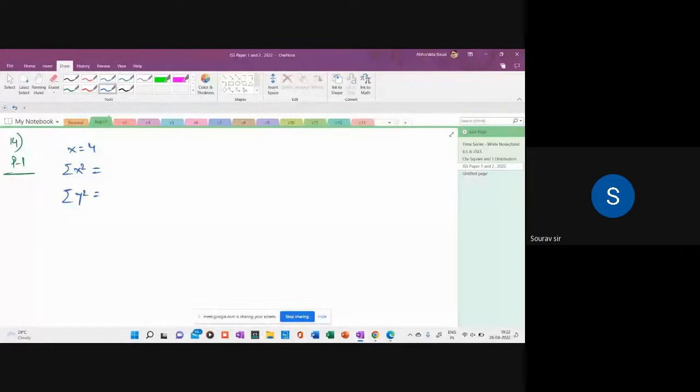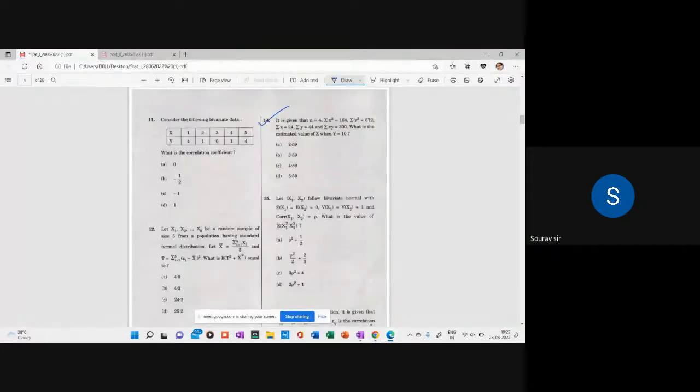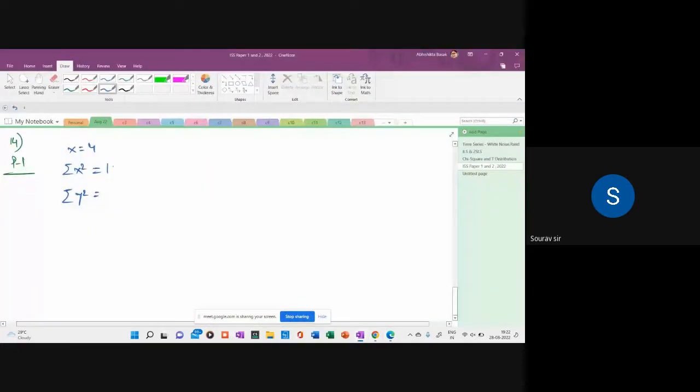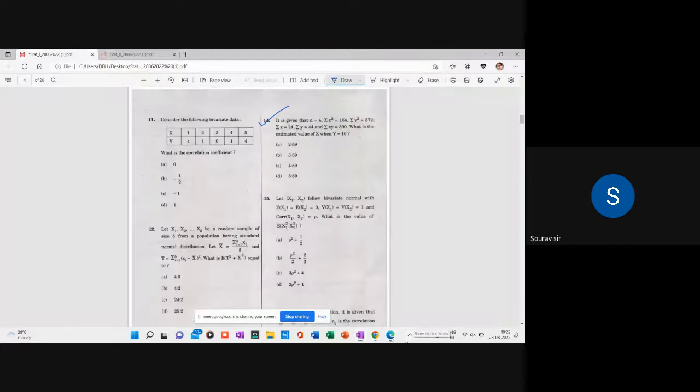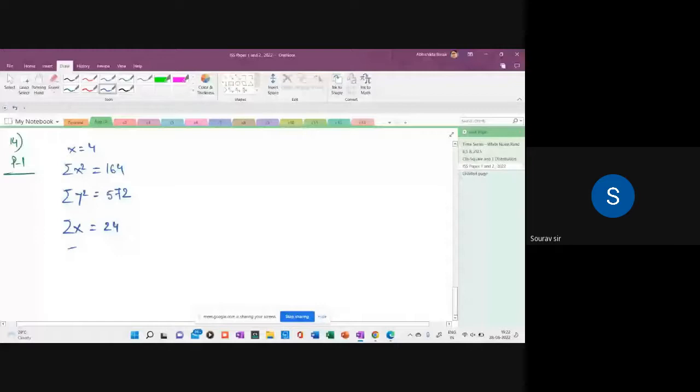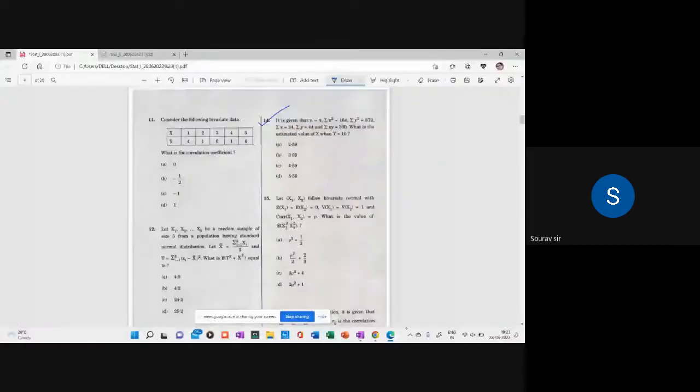So let me check the values. Summation x square is 164, summation y square is 572. And then we have summation x, summation y, 24 and 44, and then ultimately we have summation xy 300.